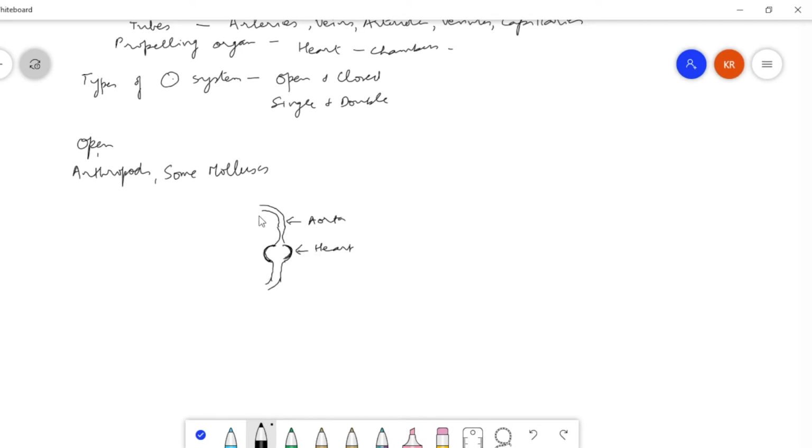And this then leads to a lot of spaces over here. There might be a space in the rest of the body. This part is just used to say that in the rest of the body there are spaces.